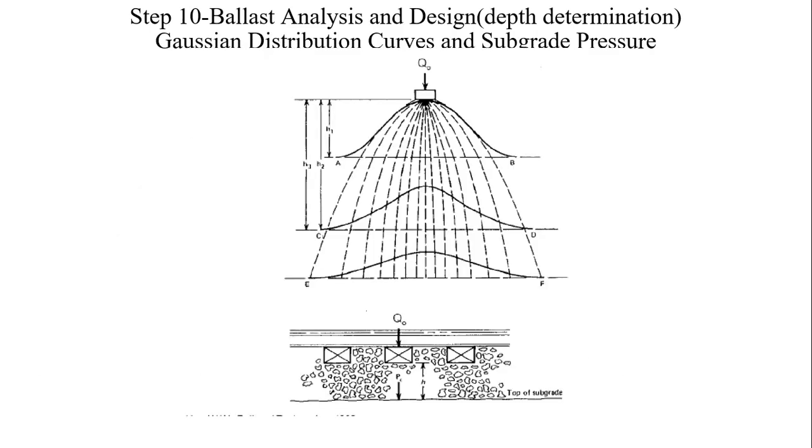Then you can see this typical Boussinesq equation and how this Gaussian distribution explains the distribution of load from the tie, as shown here, to the under-ballast, the subgrade.